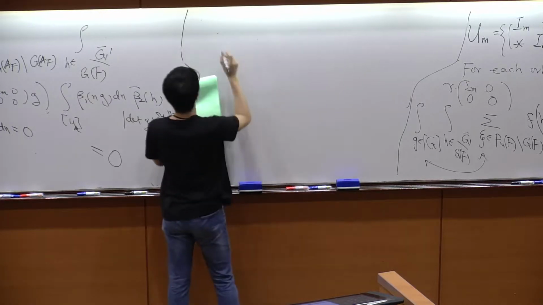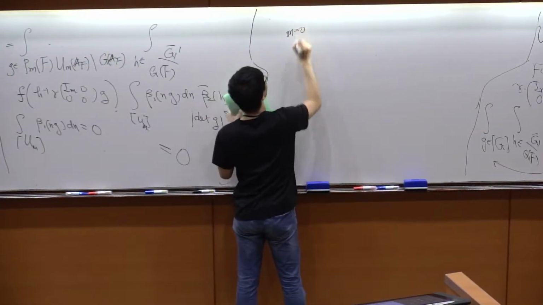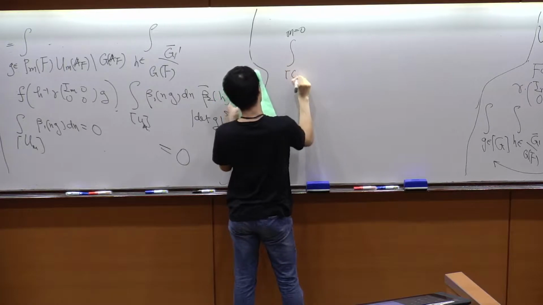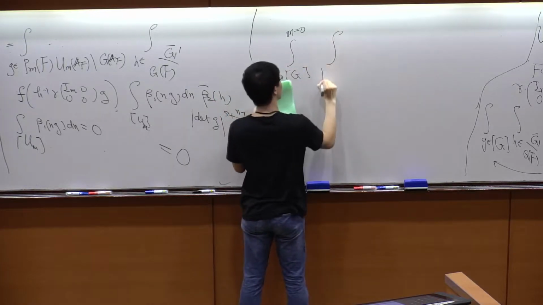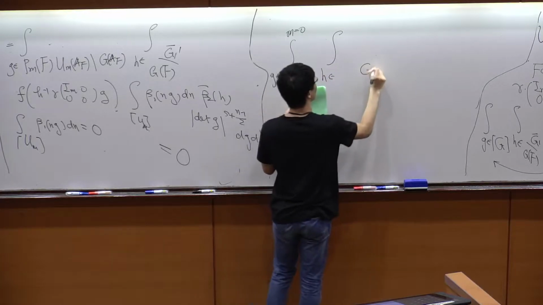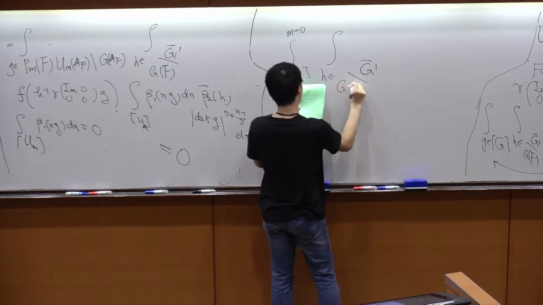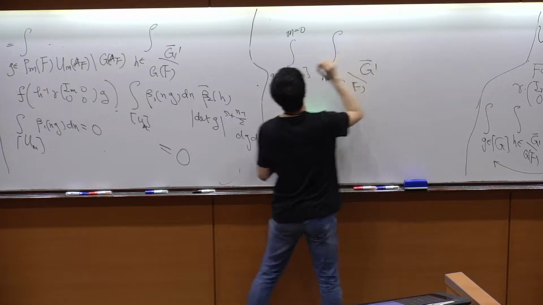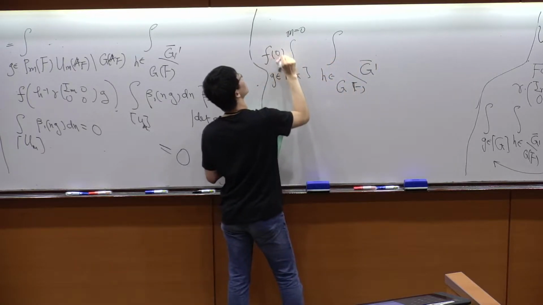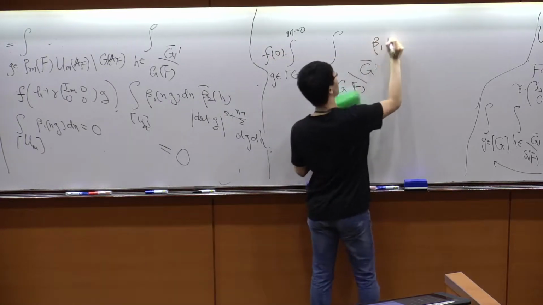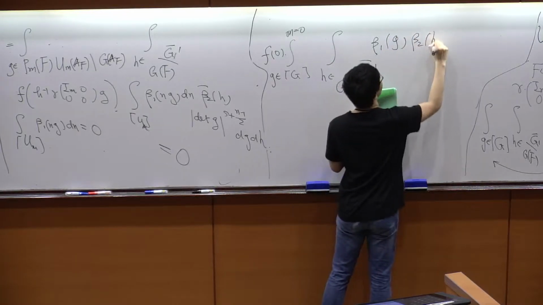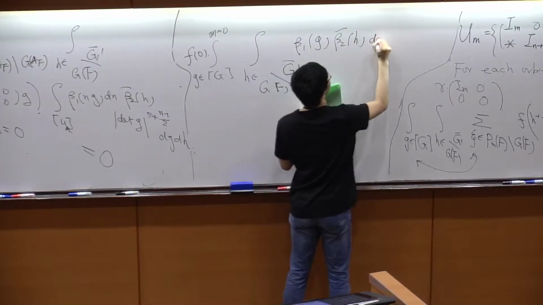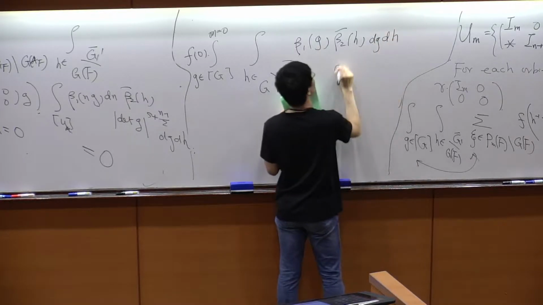So for m equals 0, then you get here's F0, and here you get beta 1 G beta 2 H bar dg dh, and here's determinant.